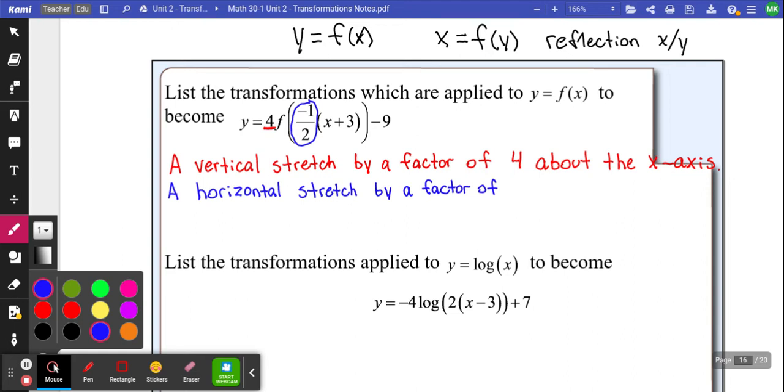Put the negative. I see what you're saying. The negative is what's reflecting it, and I'm going to state that after. So the negative isn't included. I'm not including it in my factor multiplication. So I would say the stretch is by 2. Then it's a reflection, which is what moves it. So it's a stretch by a factor of 2 about the y-axis.